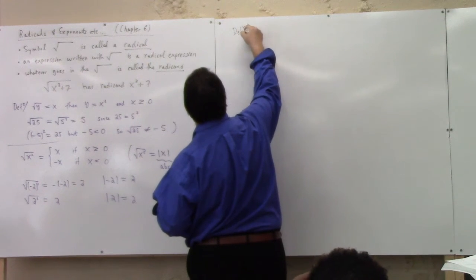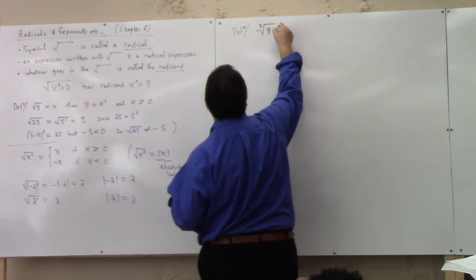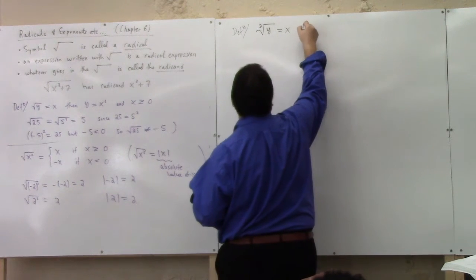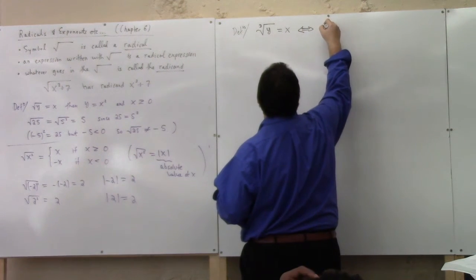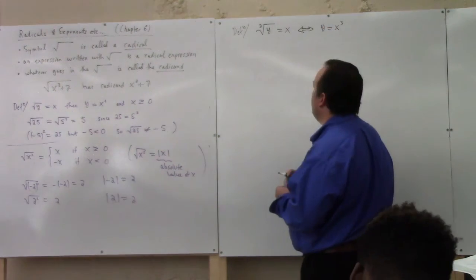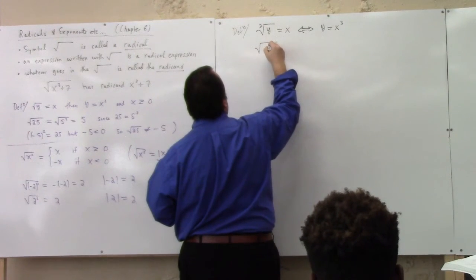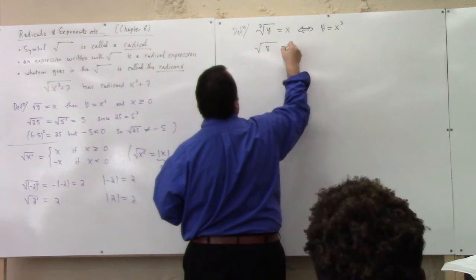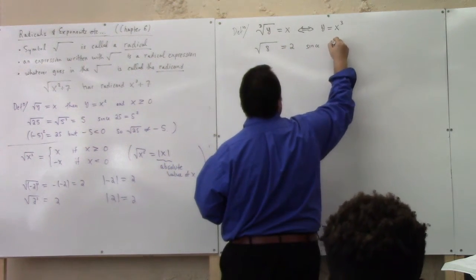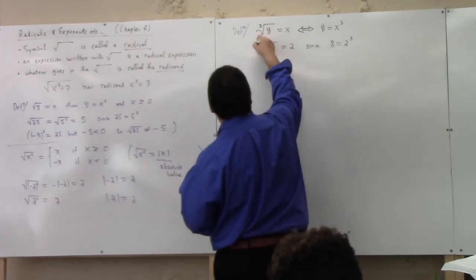Definition: the cube root of y is equal to x if and only if y is equal to x cubed. So, for example, the cube root of 8 is equal to 2, since 8 is equal to 2 cubed.